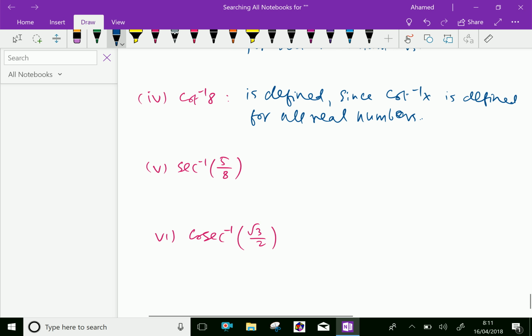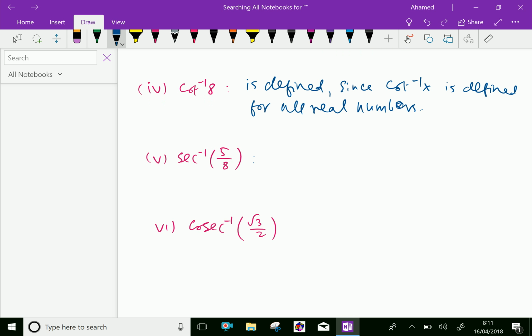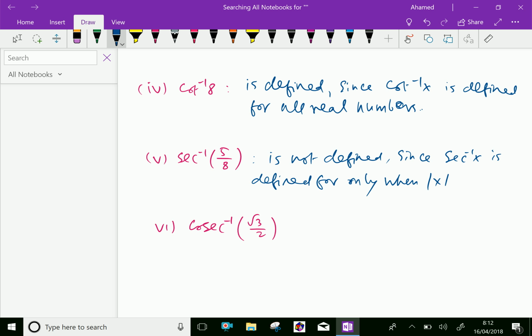So it is defined. Next, secant inverse 5/8 is not defined, since secant inverse x is defined only when modulus x must be greater than 1, and here 5/8 is not greater.